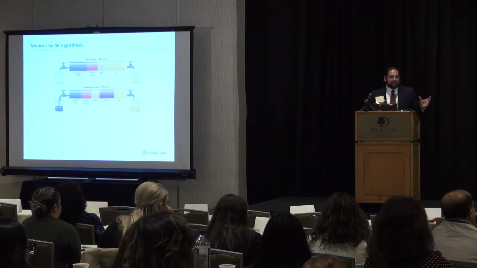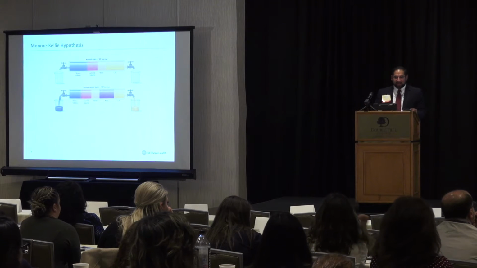Our pressure is normal. Well, what happens if you introduce some sort of mass, some sort of new volume? Now, this could come over time, or it could happen suddenly. When it tends to happen over time, or if it's a small volume of additional mass, the brain adapts, and it uses its normal mechanisms to take up that mass volume and still have normal pressure.